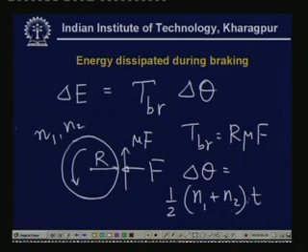So, this is the total angular movement of the disc, and the braking torque is R times mu times F. So, from this we can calculate what is the force required.